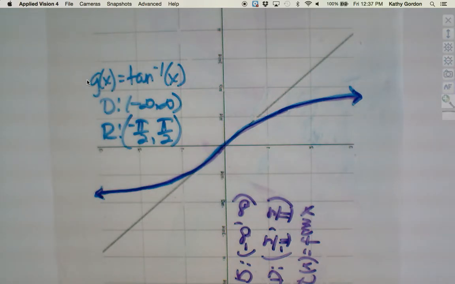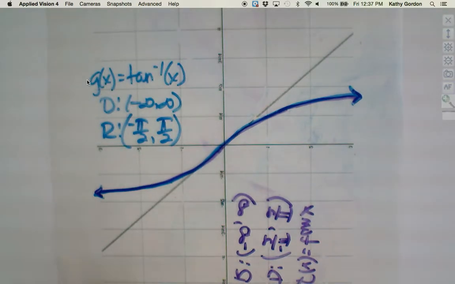Inverse tangent is. Negative pi over 2 to positive pi over 2. I can get answers from the first or the fourth quadrant for inverse tangent. So inverse tangent and inverse sine are going to act very similarly. Cosine is the one that's a little different because those answers can go from 0 to pi.